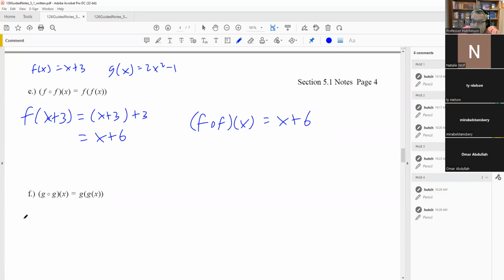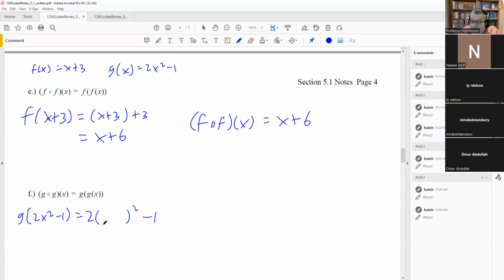Now g of g of x. I'm replacing the g of x inside the parentheses with 2x squared minus 1. What that means is I'm going to replace the x that's here with itself, with 2x squared minus 1. So I have 2 times a blank squared minus 1. So I took out the x in the g function. That's why the square is still there.